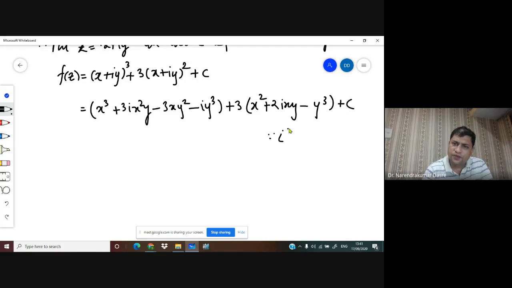Here i square is equal to minus 1, and we have considered i cube is equal to minus i.